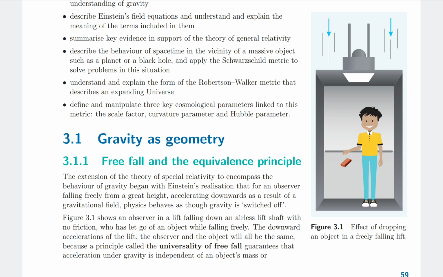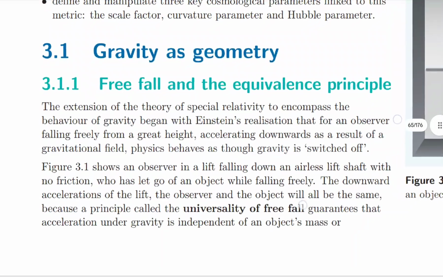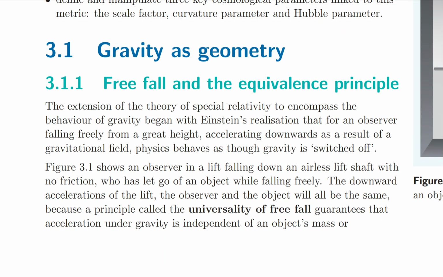The extension of the theory of special relativity to encompass the behavior of gravity began with Einstein's realization that for an observer falling freely from a great height, accelerating downwards as a result of a gravitational field, physics behaves as though gravity is switched off.